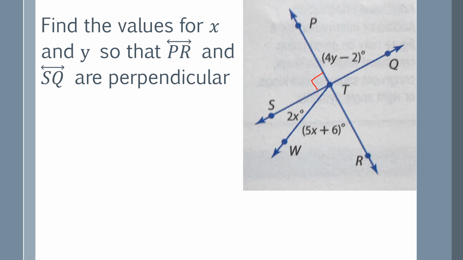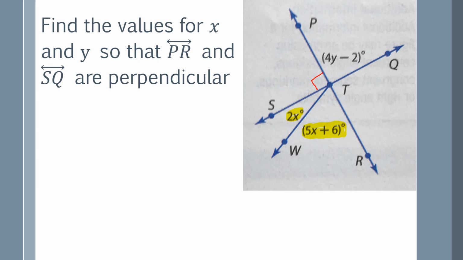I know then that all of these angles are equal to 90, because there are going to be 4 angles on the diagram that are all equal to 90. So I know that this angle value here and the value of this angle here have to add up to 90.